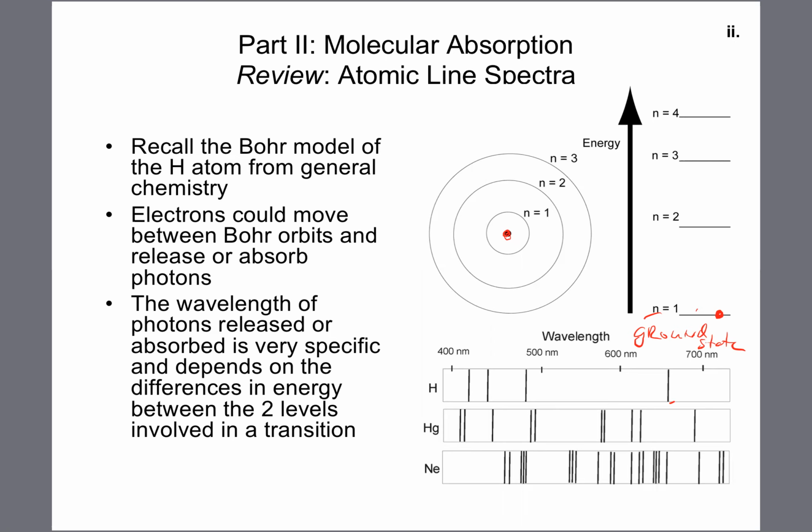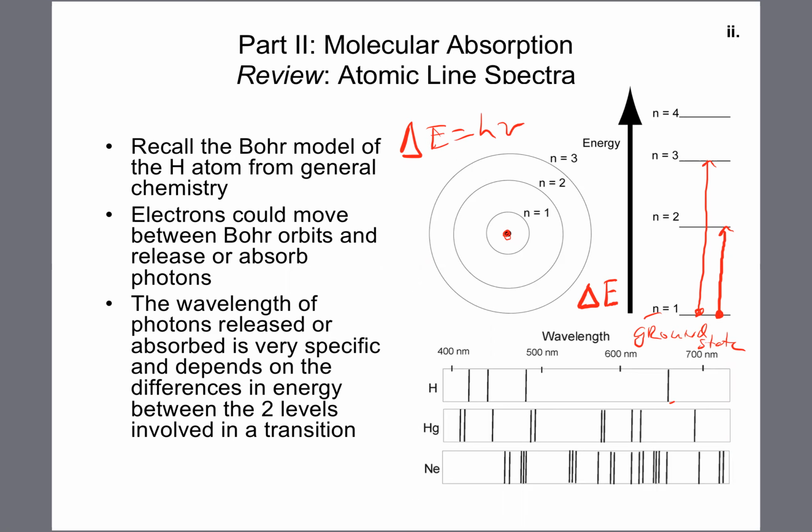Now I can move it up to maybe n equals 2. Maybe I can even move it all the way up to n equals 3. But since the higher numbered orbitals are higher energy, there is an energy gap, delta E, that I needed to bridge. Keep in mind that that delta E could be bridged by a photon's energy.